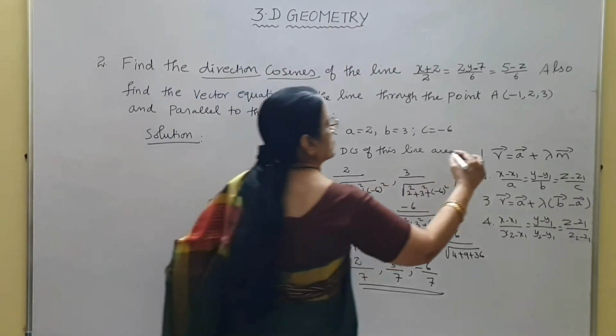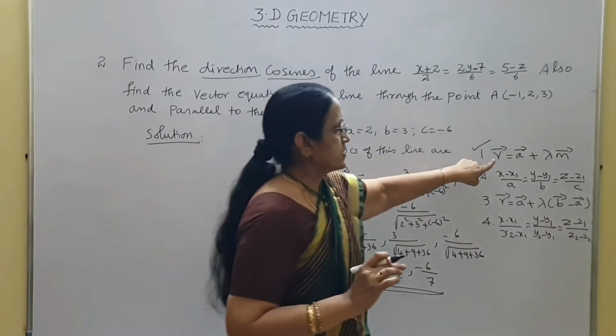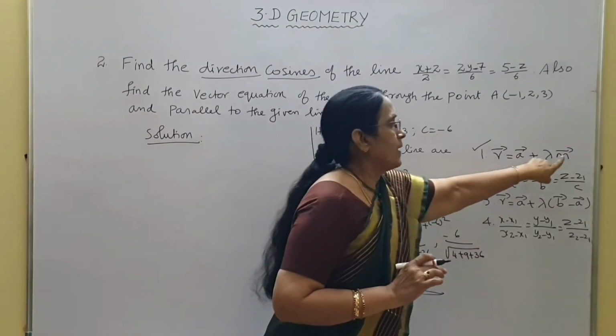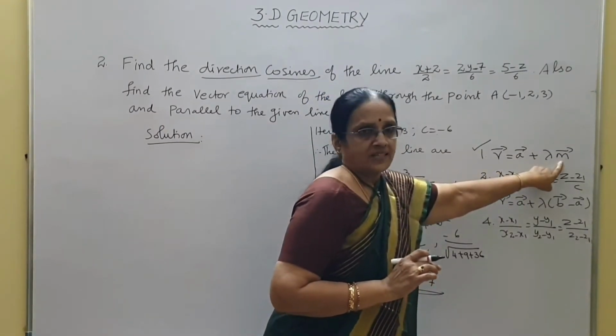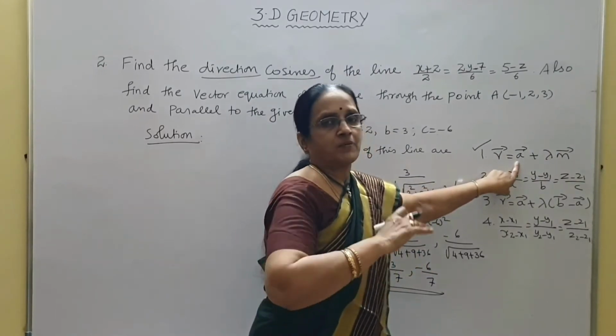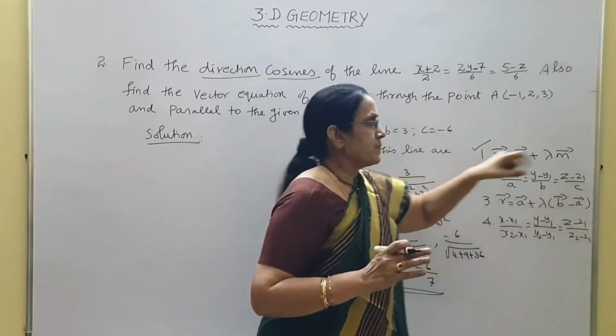Immediately, this particular equation should come to your mind. This is the vector equation of the line passing through a point and parallel to this direction. That is passing through the point with the position vector A vector and parallel to the direction, that is your M vector. Okay.